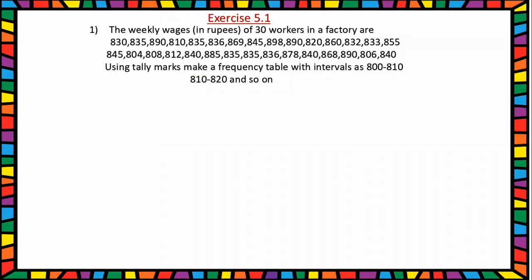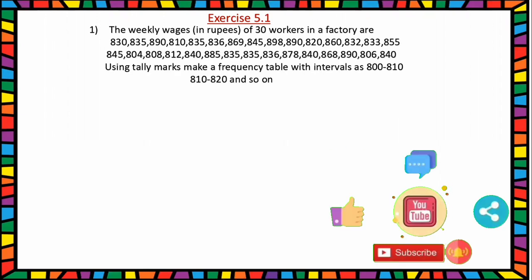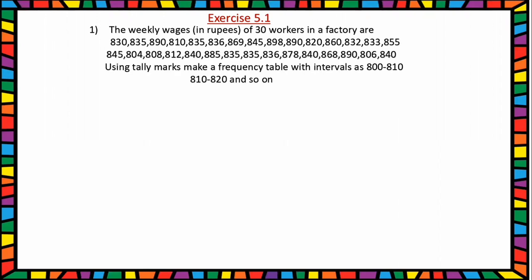One question. The weekly wages in rupees of 30 workers in a factory are 830, 835, 890, 810, 835, 836, 869, 845, etc. Using tally marks, make a frequency table with class intervals 800 to 810, 810 to 820, and so on.